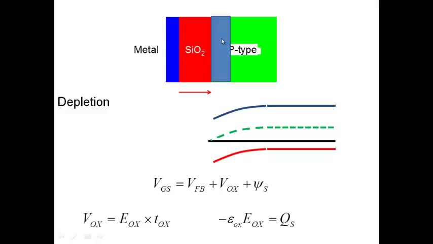So all we have to do now is solve Poisson's equation, which will relate QS to psi s here. And we'll get one single equation which you solve to determine how much is QS, how much is psi s for any value of gate to source voltage that we know. Okay? So that's the only thing which is left here, relationship between QS and psi s. Okay, we'll do that in the next lecture and then build a model for threshold voltage.